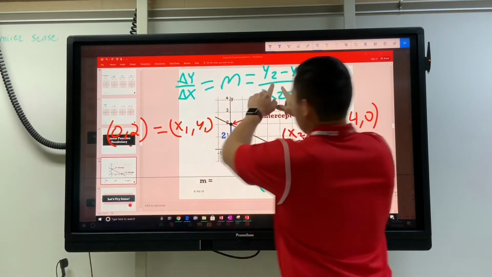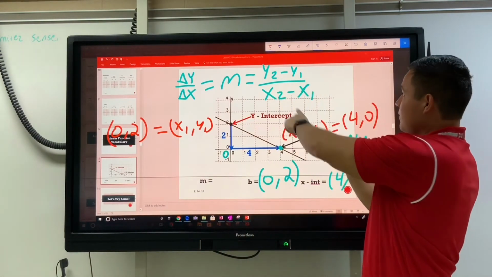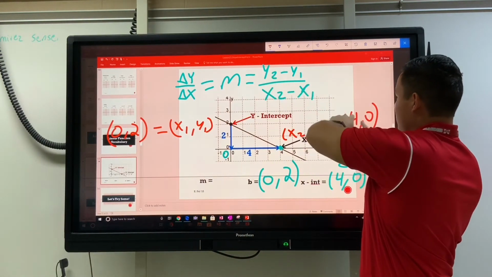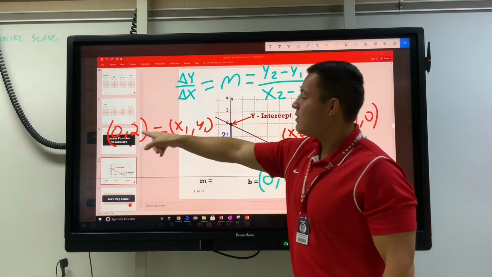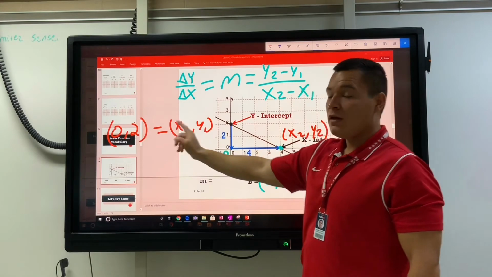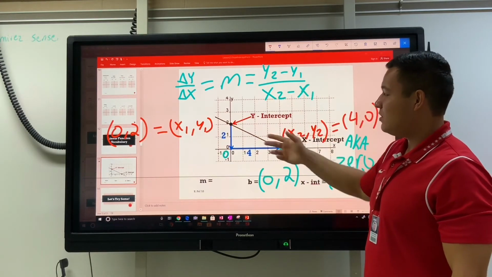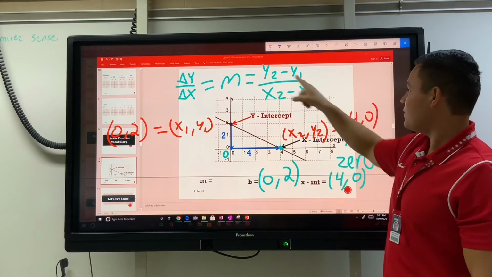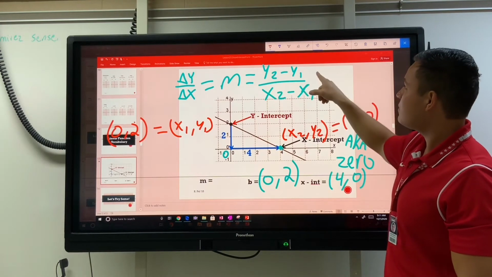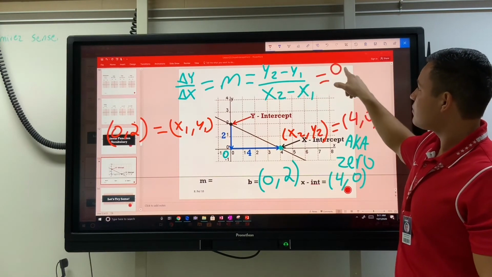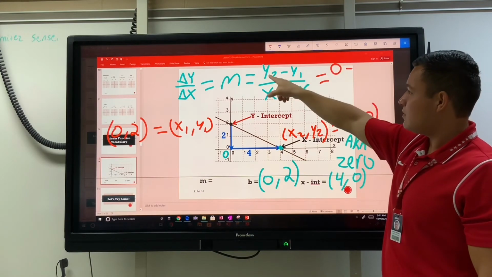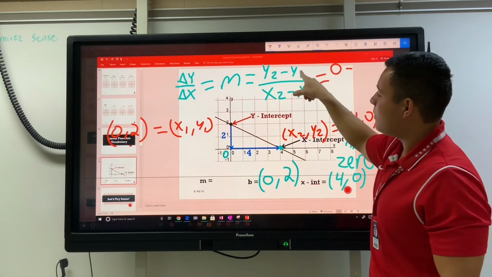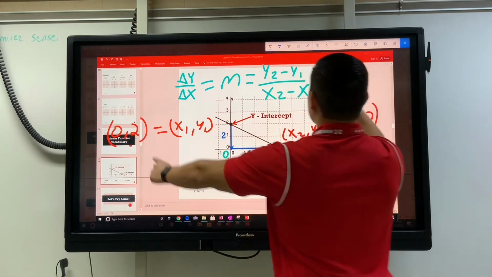If you want to use this equation, you need to have y2 labeled, and you need to have y1 labeled. Once you have them labeled, you're just going to put them where they go. So we need y2 first, and that's the number 0. We're going to be subtracting 0 minus y1, and y1 is 2.